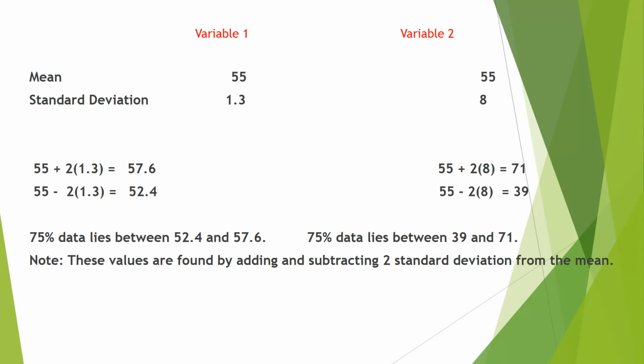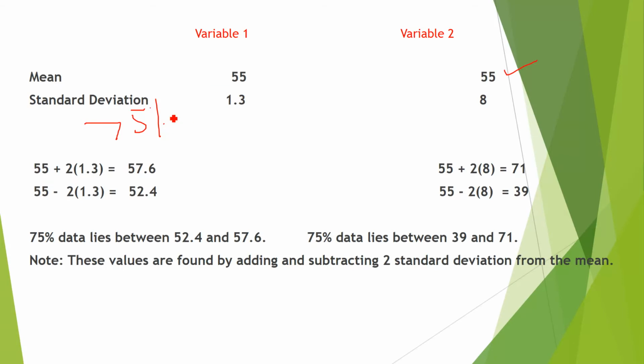75% and 88.89%. Suppose here we have two variables, variable 1 and variable 2. Both have the same mean, 55. The standard deviation of one is 1.3 and the other has a standard deviation of 8. So what does it say? 75% means 2 sigma.